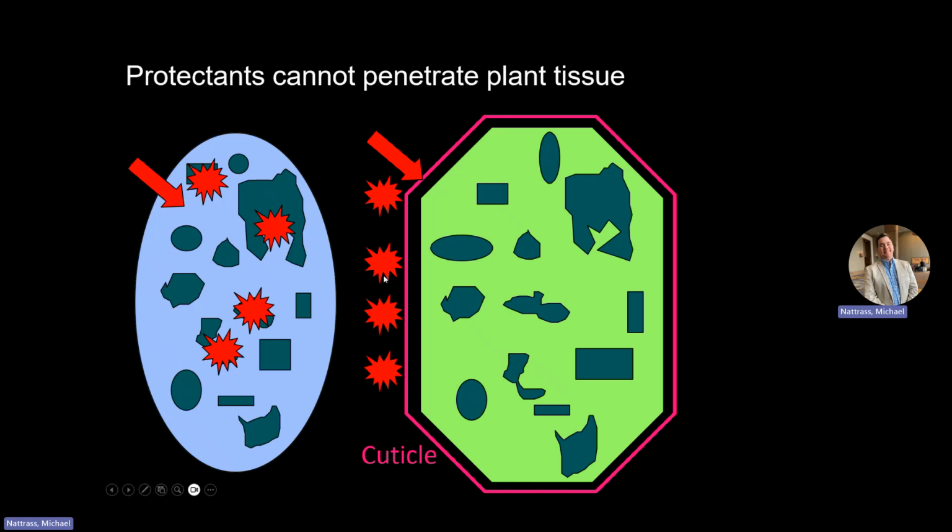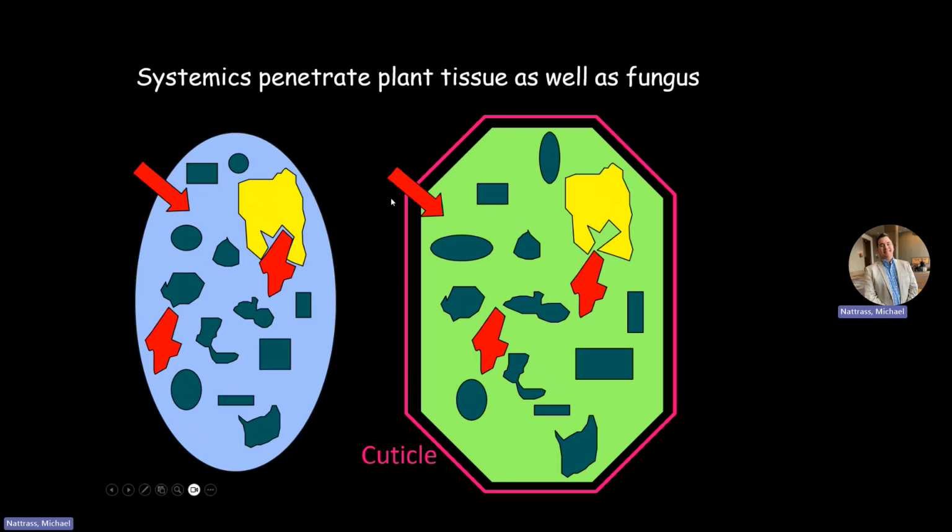The fungi are infecting the plant because there are nutrients and minerals and things that are necessary, like there's energy inside of the plant cell that they need. They aren't able to produce their own energy like that, so they must attack something else. Systemics are going to penetrate inside the plant tissue, just in case they do get inside.